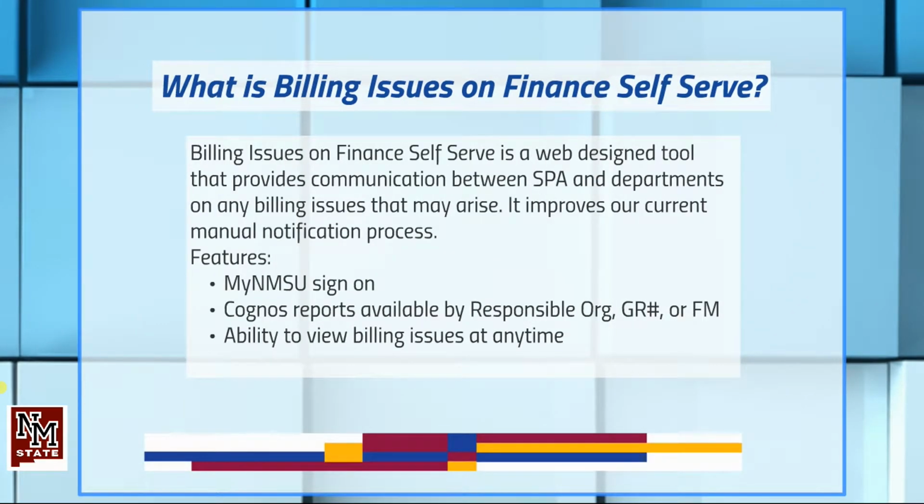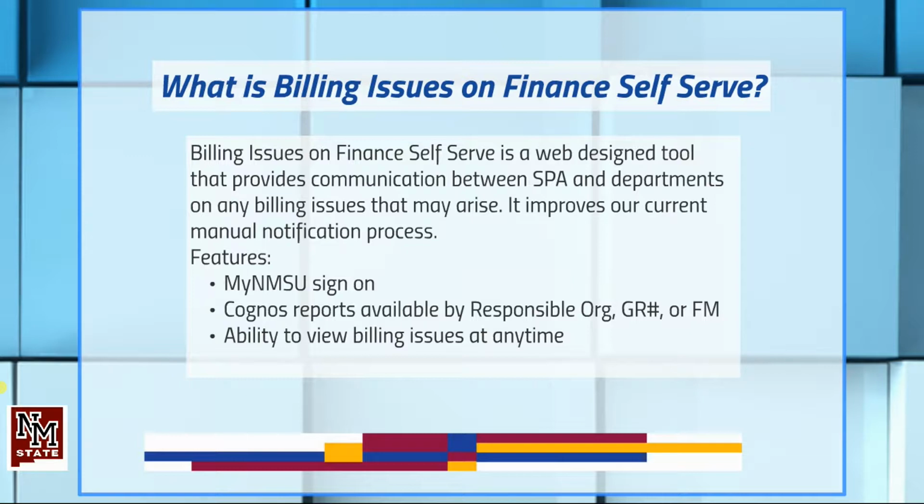What is billing issues on Finance Self-Serve? Billing issues on Finance Self-Serve is a web design tool that provides communication between SPA and departments on any billing issues that may arise. It improves our current manual notification process.